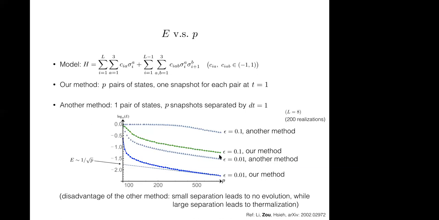However, if they choose the time separation to be too large, then due to thermalization, the local information will not change much. So if the time separation is too large, many of the snapshots they take will also not be useful, as long as the snapshots are taken after thermalization. And that's a fundamental disadvantage of that method.